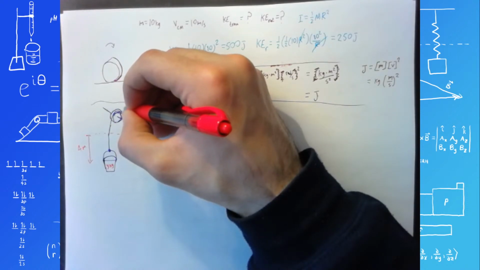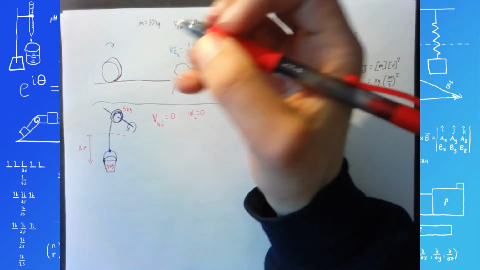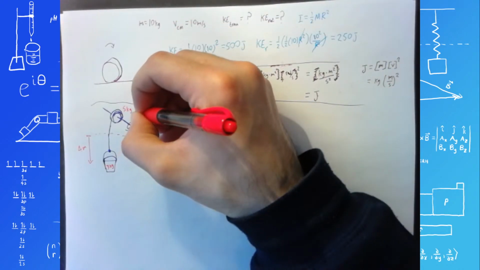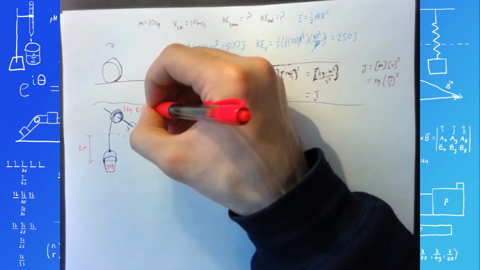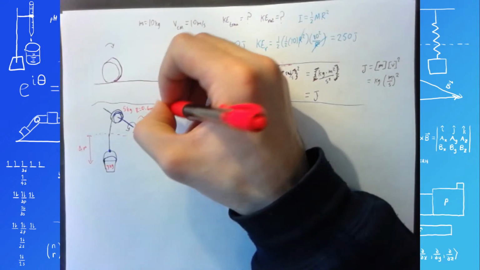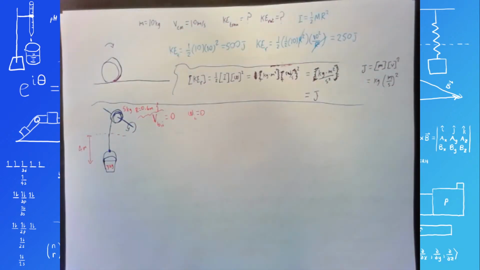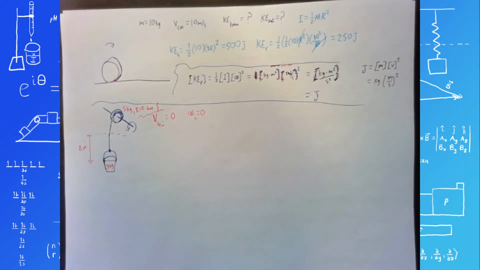The spool is 5 kilograms and has a radius of 0.6 meters. So those are some additional details that we will need.